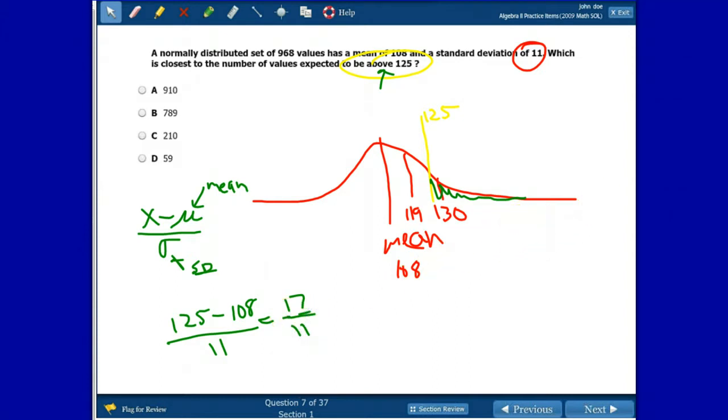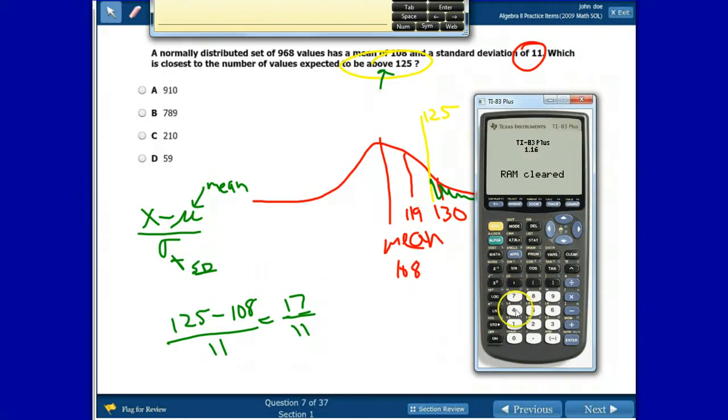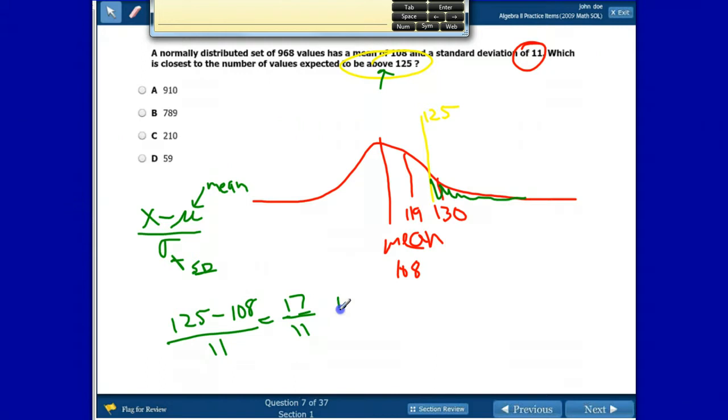You can do it on a regular calculator, but since I have this handy, I want to just do 17 divided by 11, and that's 1.545, so I'm looking for 1.55.